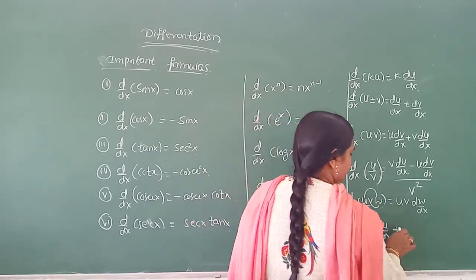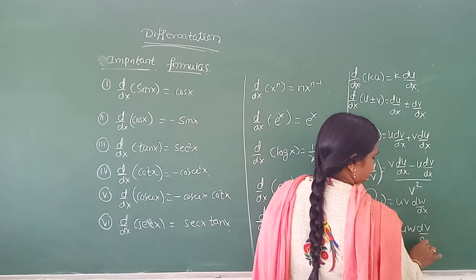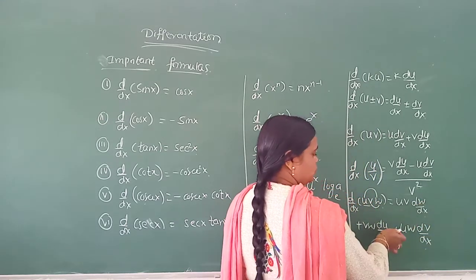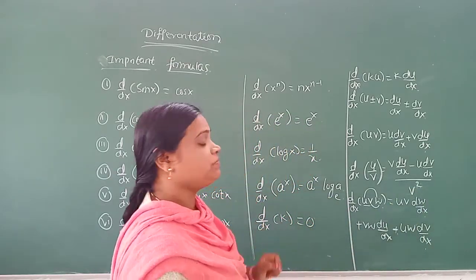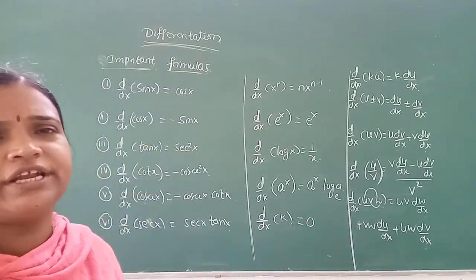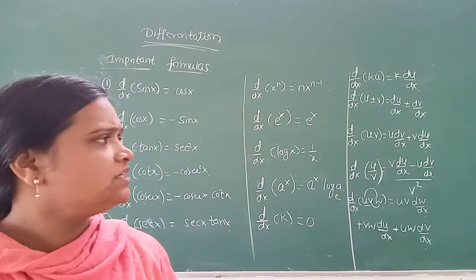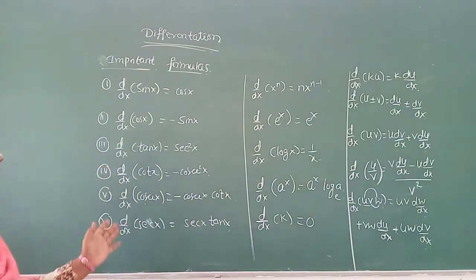Therefore, we write uw as it is and do the differentiation of v, dv by dx. So we have done the differentiation of uvw. Please remember all the formulas. If you remember the formulas, then only we can do the examples. Otherwise, it is not possible. Please write down the formulas.